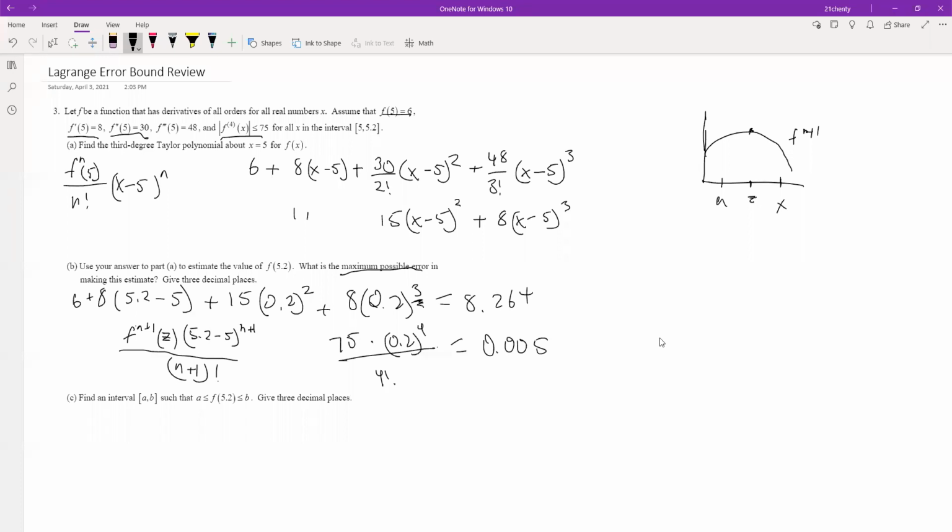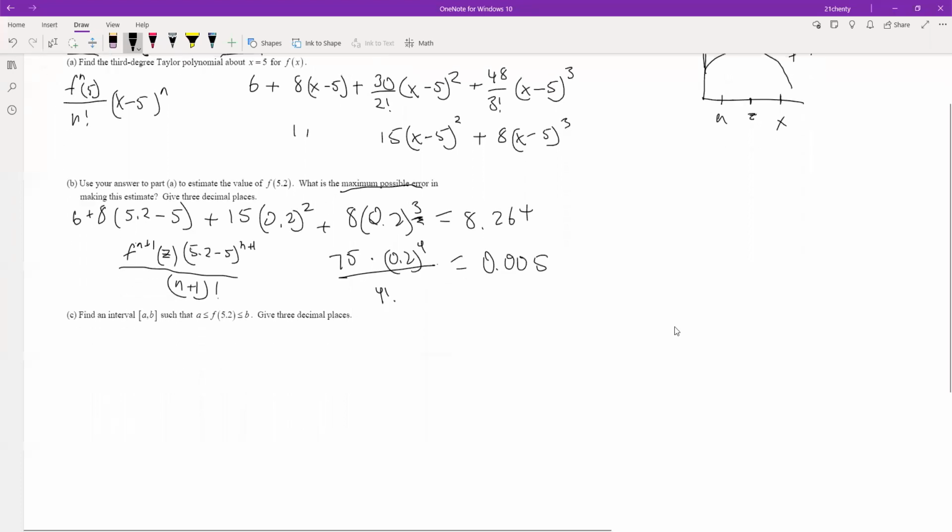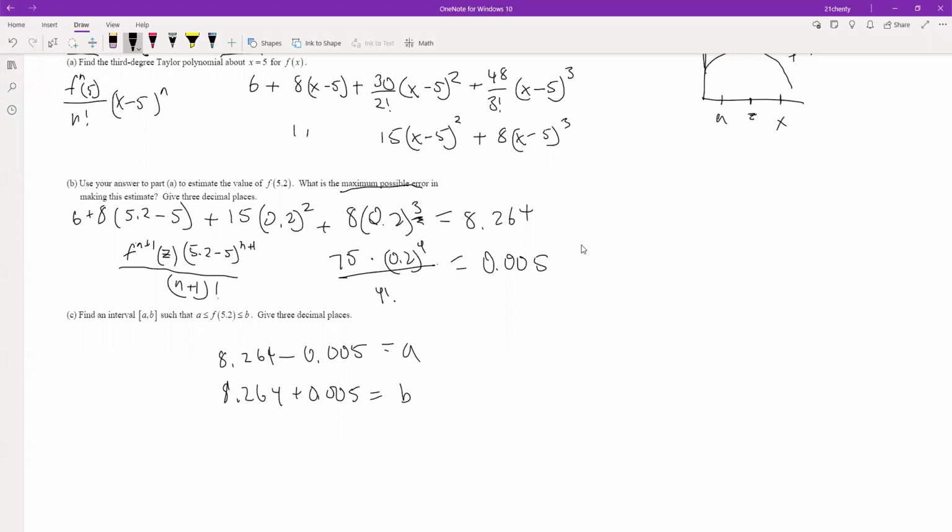So now look at part C, which is to find an interval from A to B such that A is less than or equal to f of 5.2 is less than or equal to B, which is pretty much just taking our estimate of f of 5.2, which we found to be 8.264, and then subtracting our error for A, and then adding it for B. Because, right, this is our estimate, and then this is our max error.